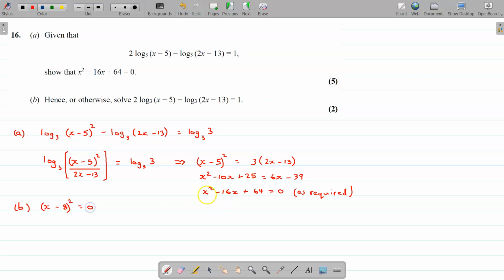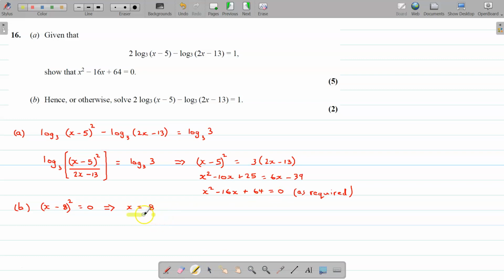That's what this is here. And therefore, the only solution that is valid from that is that x equals 8. And it follows on nicely from what we've just done, so it's very clear where that's come from.